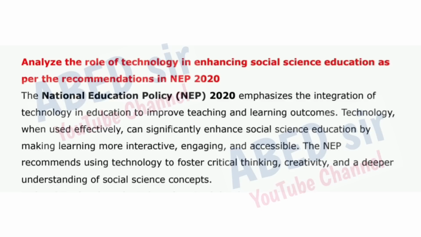Technology, when used effectively, can significantly enhance social science education by making learning more interactive, engaging, and accessible. The NEP recommends using technology to foster critical thinking, creativity, and a deeper understanding of social science concepts.